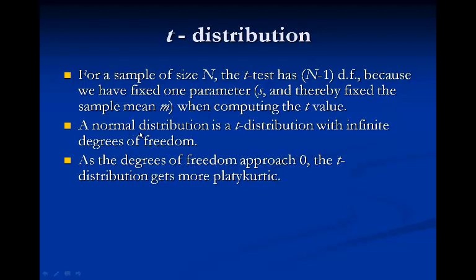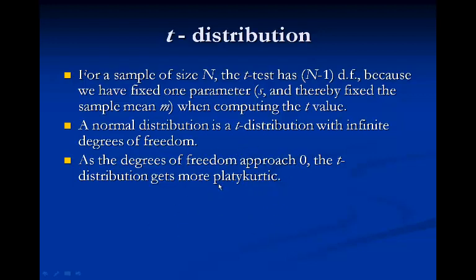So a normal distribution, in fact, that we're all familiar with, is a t-distribution with an infinite number of degrees of freedom. So as the sample gets smaller, as the degrees of freedom move towards 0, the t-distribution gets so-called more platykurtic. That means it has broader tails than the corresponding normal distribution.